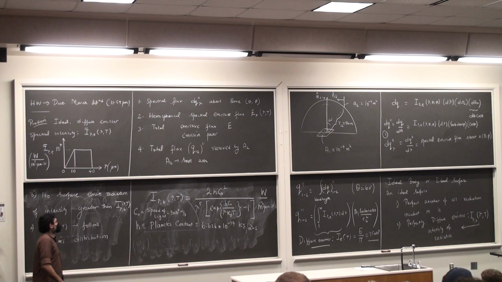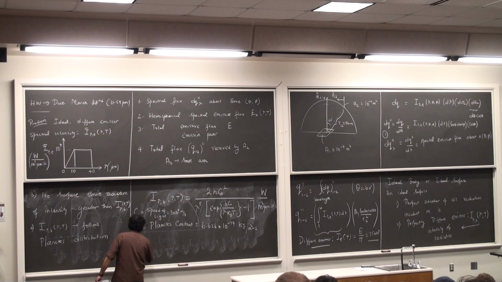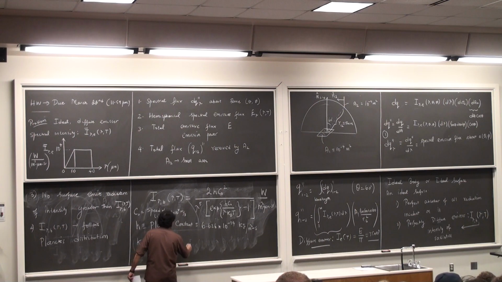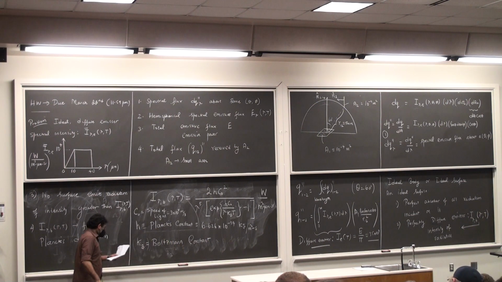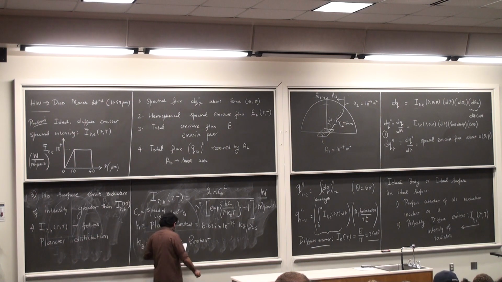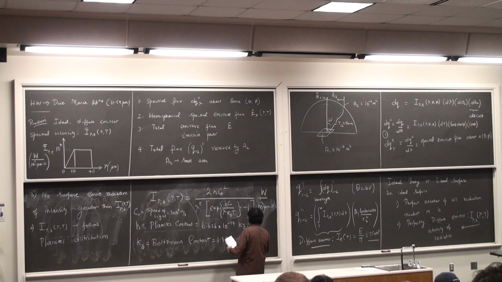And k suffix B is the Boltzmann constant, after Dr. Ludwig Boltzmann. The Boltzmann constant has the following value. It's 1.381 times 10 to the power minus 23 kg meter square per second square Kelvin.